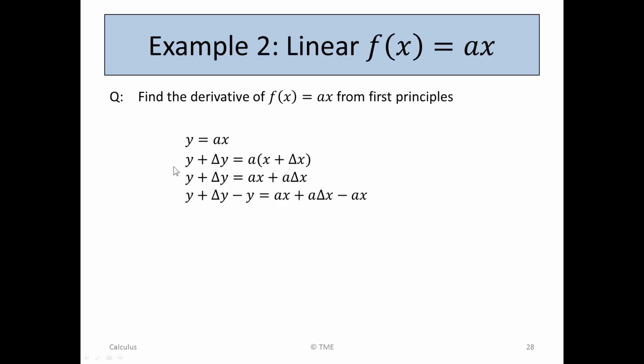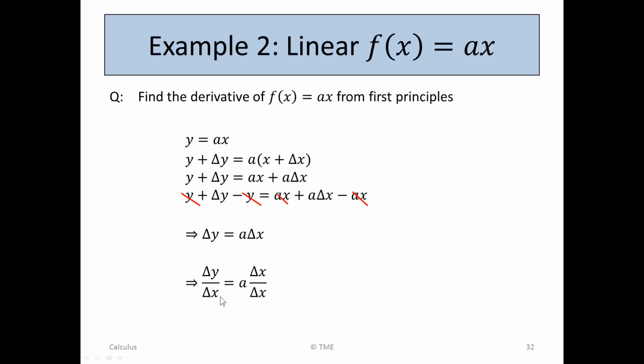Subtracting the first line from this line, we get y plus delta y minus y is ax plus a delta x minus ax. Now we can do some cancellations. The y's cancel and the terms in ax cancel. So delta y is a times delta x. But we want delta y divided by delta x, so we can divide both sides by delta x.